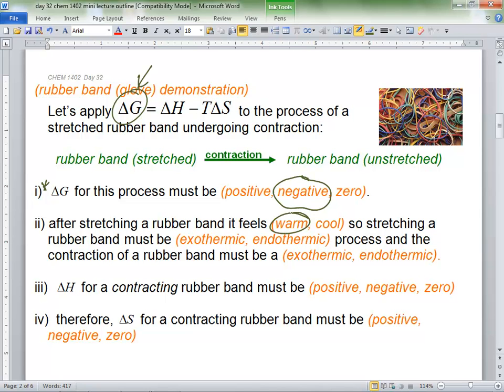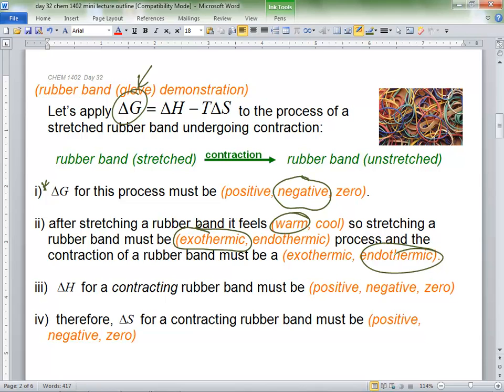It's getting hot, so that's exothermic, giving off heat, right? And the contraction. So stretching a rubber band is exothermic. So contraction of a rubber band must be endothermic. Yeah, absorb heat. Actually gets colder.